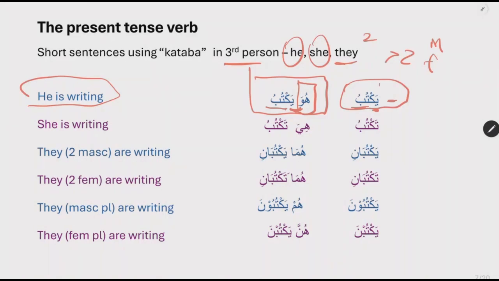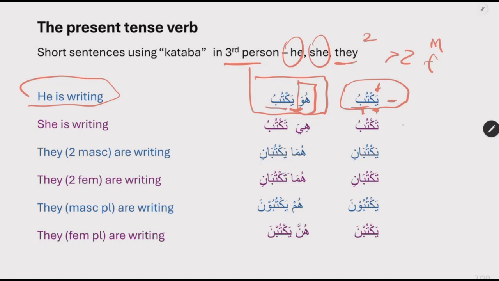Because the verb has a pronoun built in with this alif nuniyata coming in front, you can either remove the pronoun or you can just say the verb with the right alif nuniyata in front, and you've got the pronoun built into the verb, right? So in one word you've got the person doing the action plus the action that person is doing. So huwa yaktubu is the same thing.